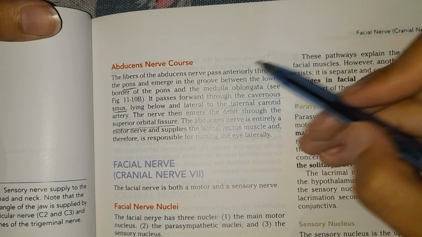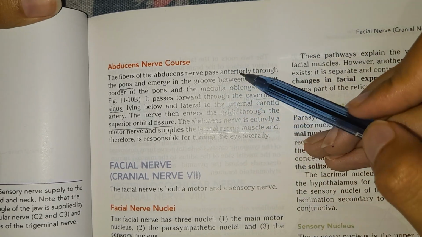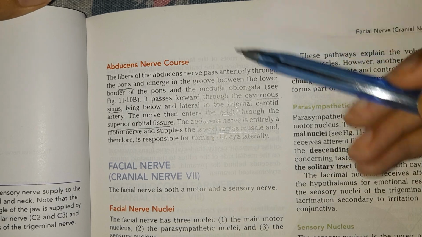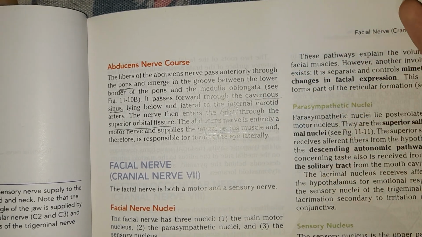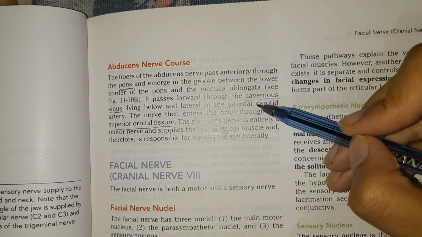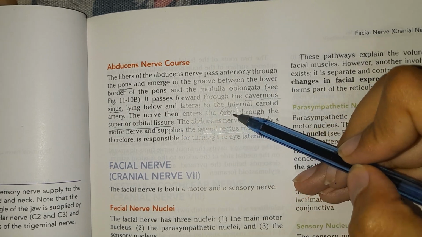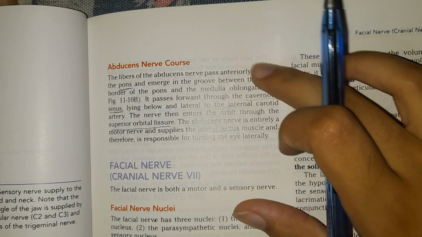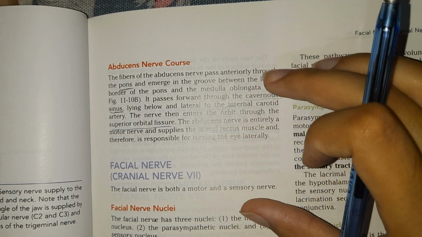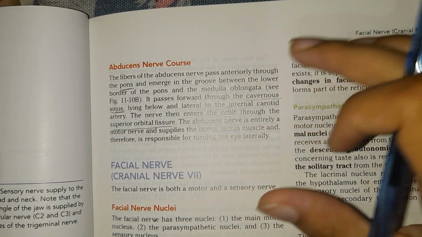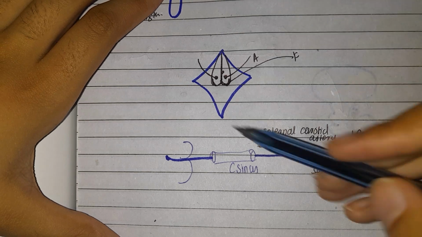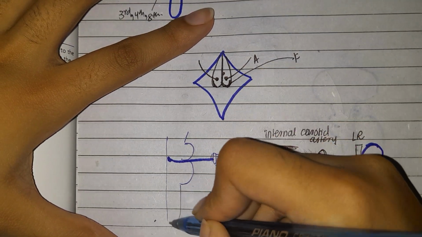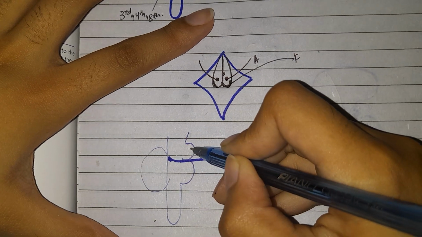Now when we come to the course of the abducens nerve, we know that it comes out anteriorly between the pons and the medulla, at the pontomedullary junction. Then it passes through the cavernous sinus, then goes to the orbit through the superior orbital fissure, and then supplies the lateral rectus muscle. To explain this whole course, I am going to make a schematic diagram. This is the portion of our brainstem, the pons and the medulla.